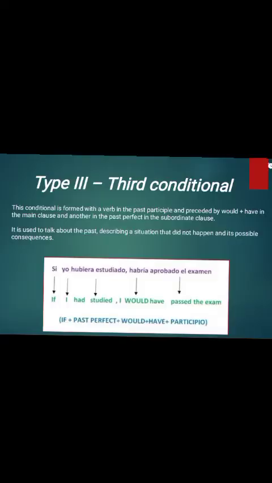Type 2. It is called the imaginary or unreal conditional. If I had money, I would travel around the world. If plus past simple, would plus infinitive. Type 3. This conditional is formed with a verb in the past participle preceded by would plus have in the main clause and another in the past perfect in the subordinate clause.